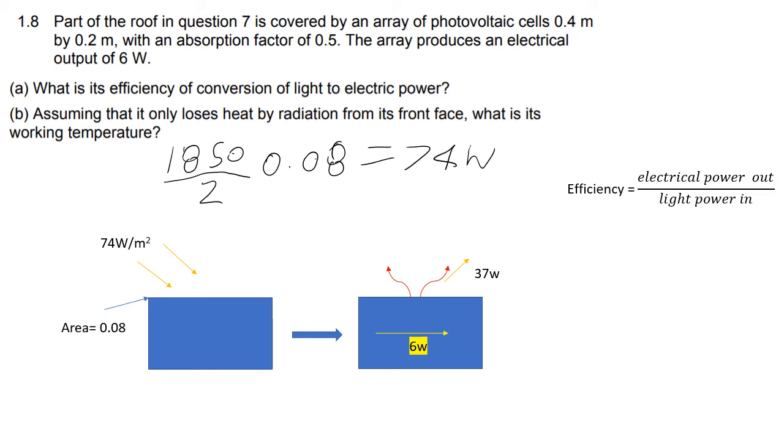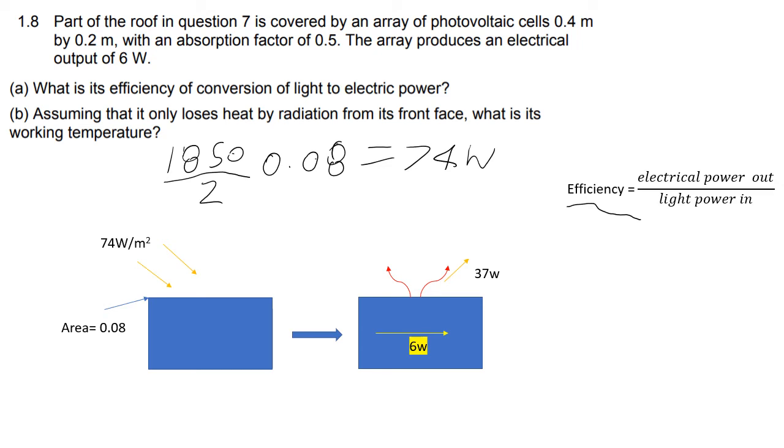So if we have over here our equation for efficiency, it says efficiency is electrical power out over light power in. Realistically, efficiency is just energy out over energy in. It's like a percentage sort of thing. So in our case, we're using electrical power out over light power in.